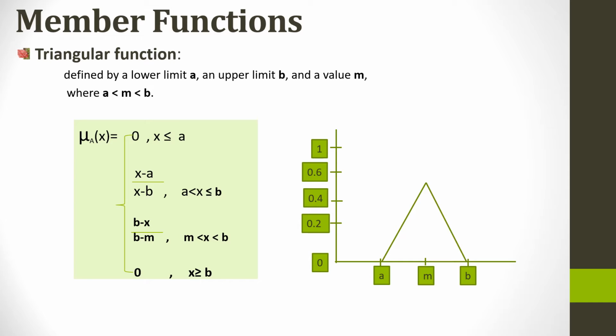The first value is from where it starts rising, the second value is from where it starts decreasing, and the third value is where it becomes 0 again. The parameters a and c locate the feet of the triangle, and the parameter b locates the peak.